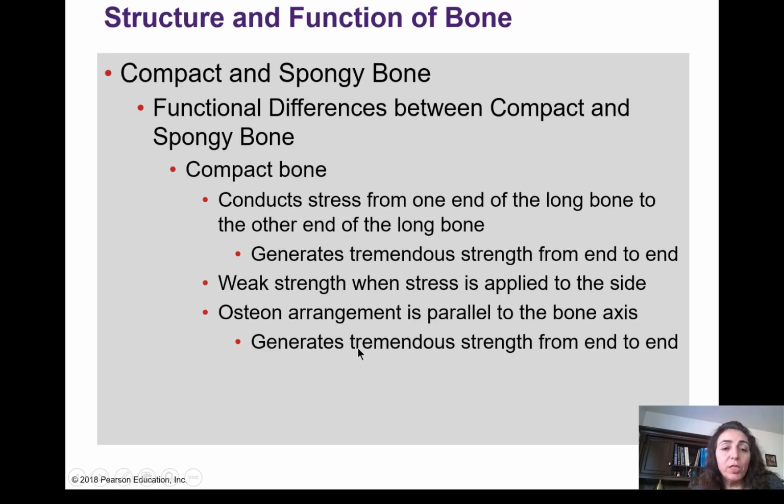Besides all the structural differences between compact bone and spongy bone that you need to know completely in detail, we have some functional differences that are more detailed. We do not have time to go into these, and that's not needed for your course, but you still can go over them.